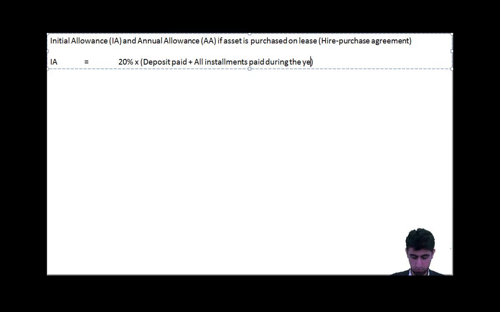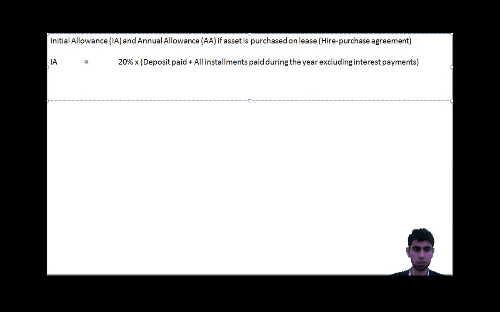Now the business may also be paying interest on the lease, but interest is excluded when we calculate the allowances. So we are only going to take the principal amount that we have paid, excluding interest, plus any deposit paid. So we take 20% of that, and that is your initial allowance.